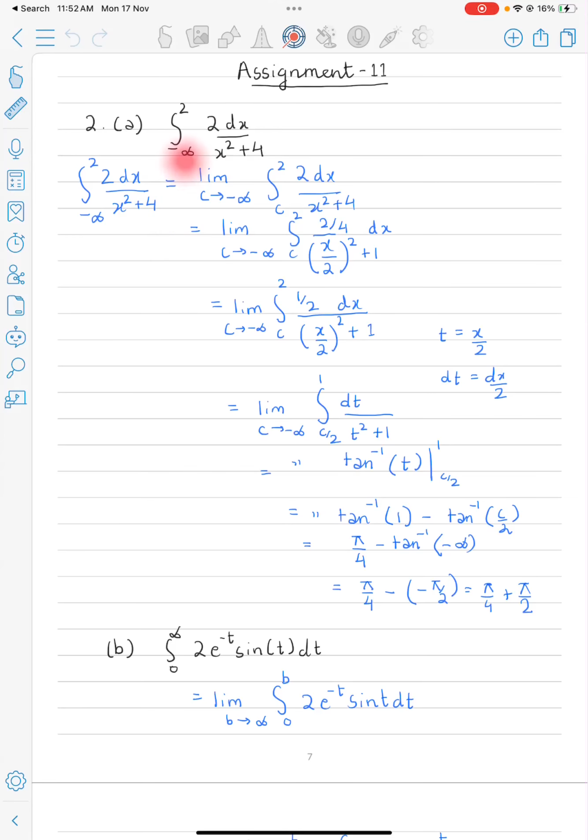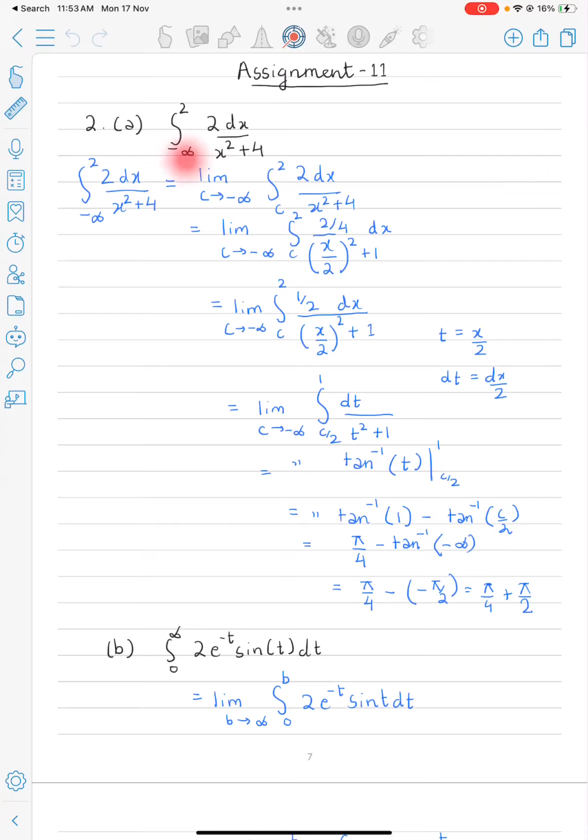And this is an improper integral. Why is it an improper integral? Because we are asked something infinite, and there's no proper definition of infinite.